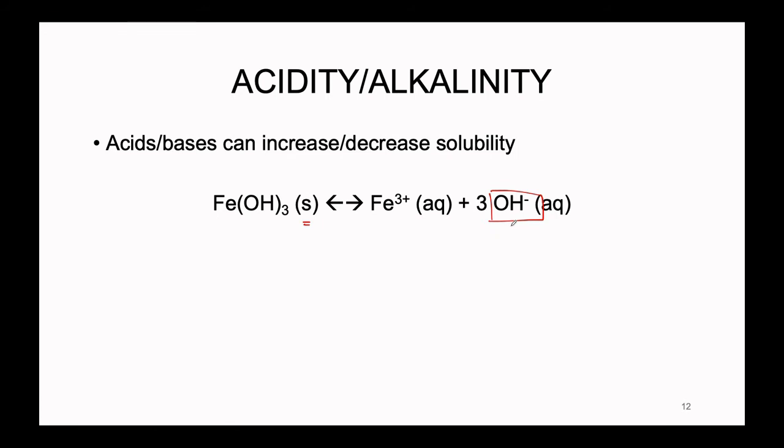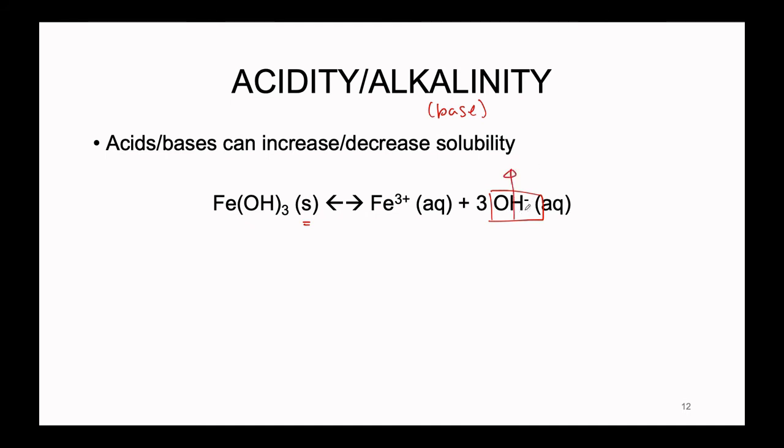So let's say we want to increase the alkalinity of the solution. Well, alkalinity is just a fancy word for basicity. It is pertaining to the base component, not the acid. So the alkalinity of the reaction we can increase if we increase the concentration of our hydroxide.